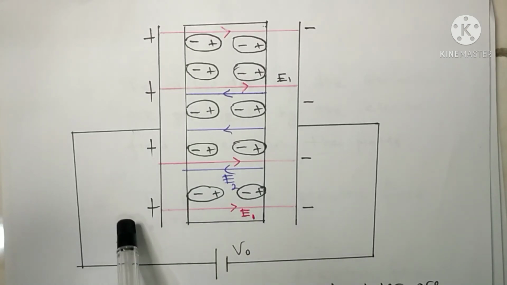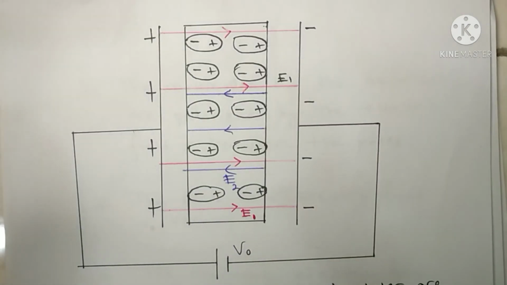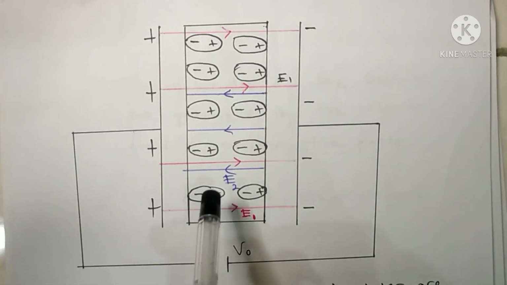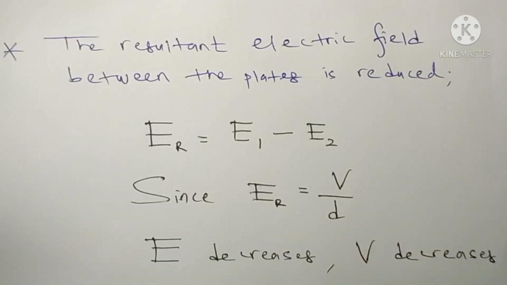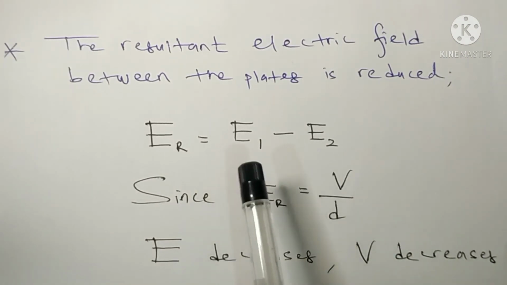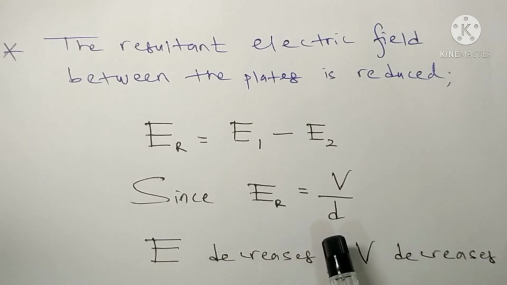E1 is the electric field strength between two parallel plates, and E2 is a reverse electric field set up in the dielectric. Then the resultant electric field between the plates is reduced, where E1 minus E2 for the constant D. When E decreases, V decreases as well.